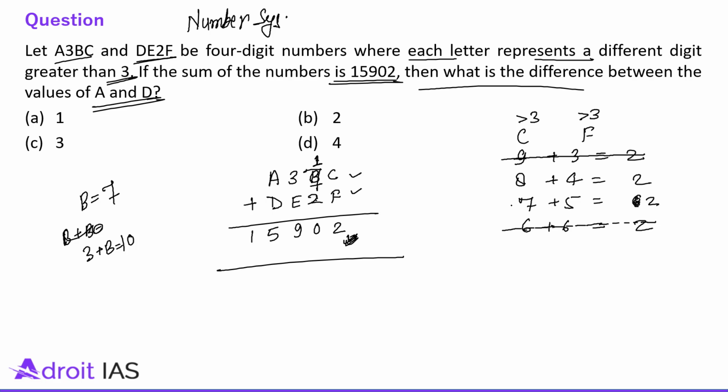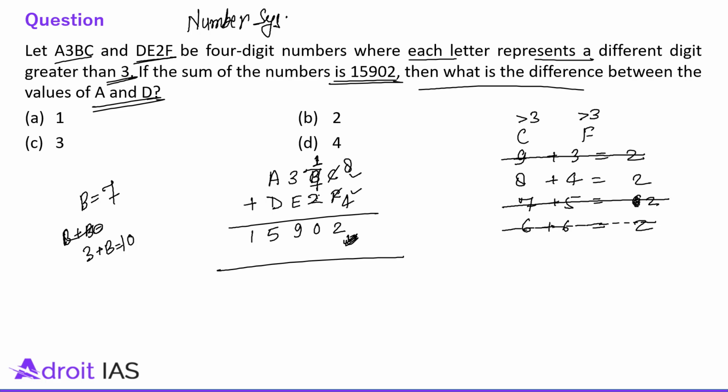So now if B is 7, then C and F are 8 and 4, or 4 and 8, because the order does not matter in this sum. But definitely B is 7.